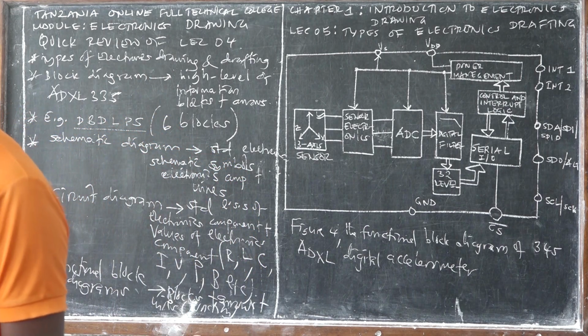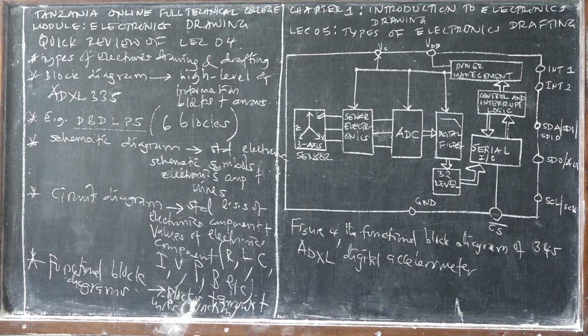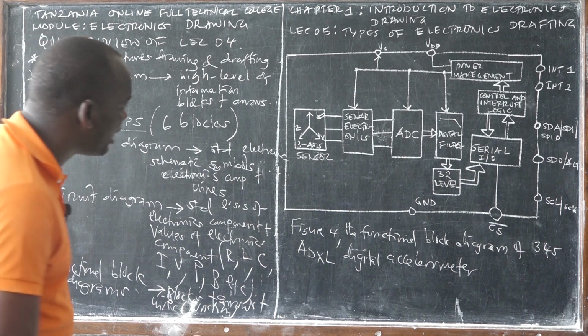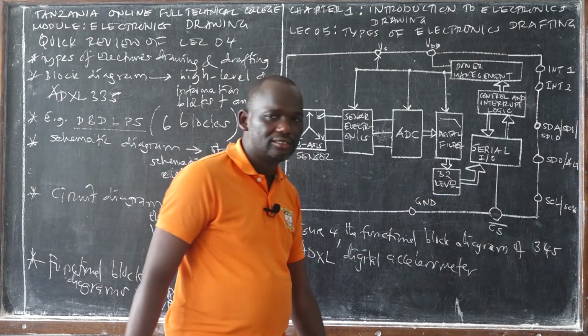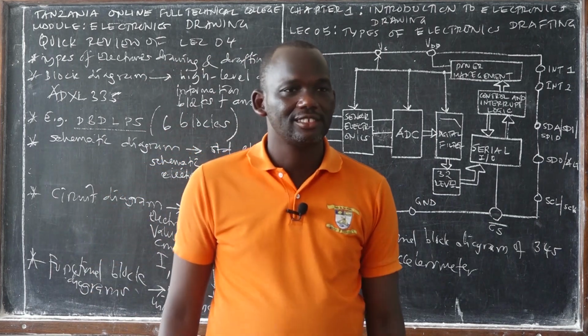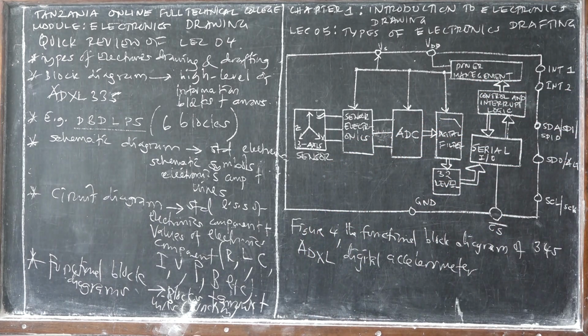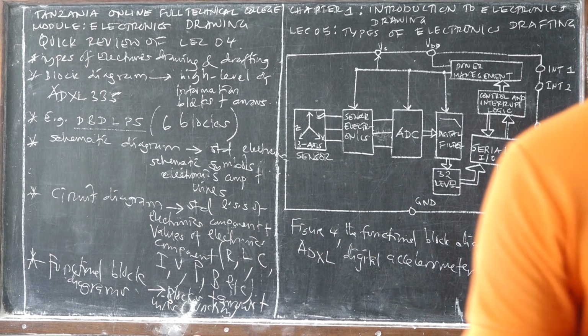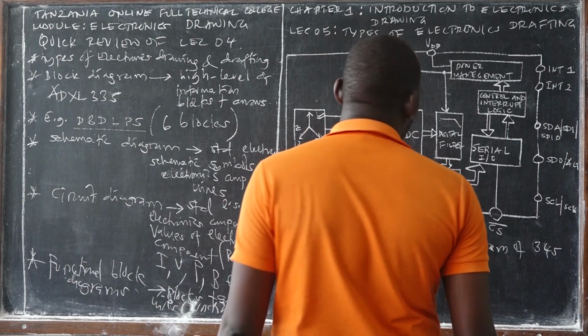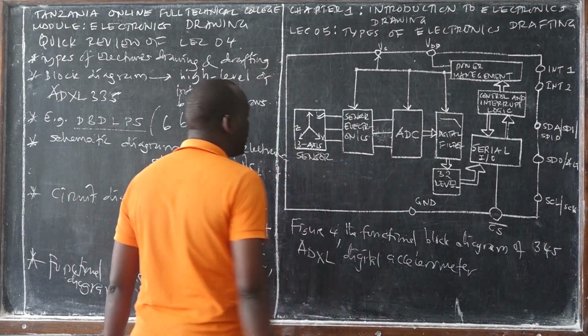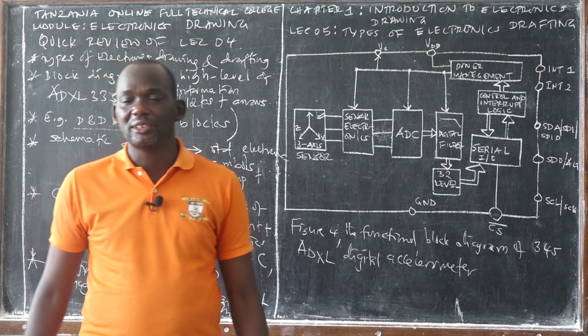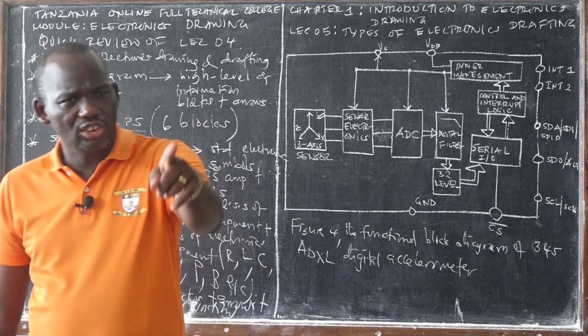Say analog to digital converter. All students say analog to digital converter. So ADC means analog to digital converter.